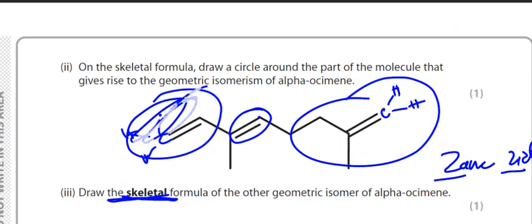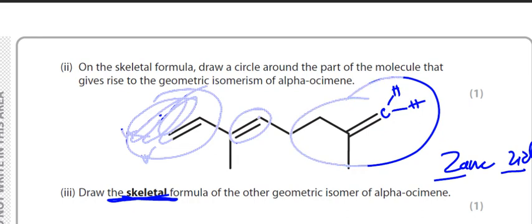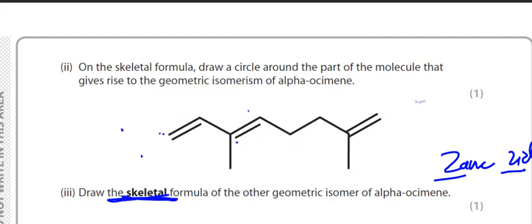Just to save time, let me erase the previous answer. So simply what you do is just remove the double bond. That's all. Skeletal structure, simply remove the double bond. So while looking at this structure, let me draw it here itself, just to save time.